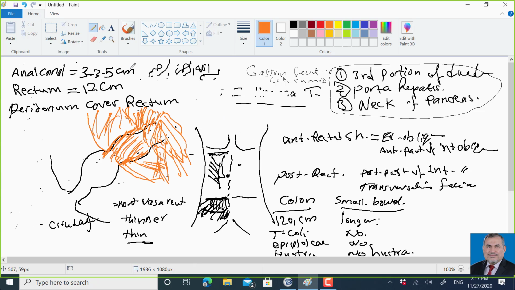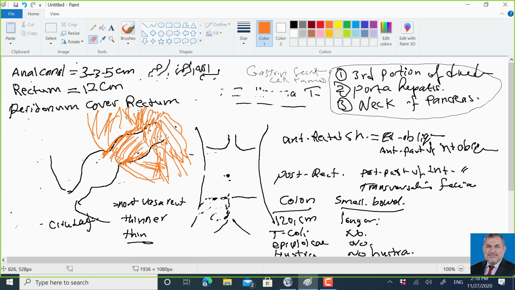How do we identify the zones of retroperitoneum? Retroperitoneal spaces contain all the structures that lie behind the peritoneum, especially the posterior peritoneum.